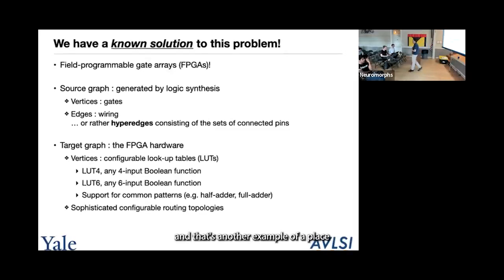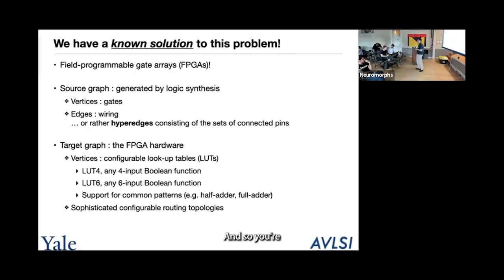And that's another example of a place where you need a lot of wiring. But you don't want to build hardware which has tons of wiring because you're going to completely kill your area. So the FPGA community has figured out this very nice balance between programmability and minimizing how much die area you have to give.